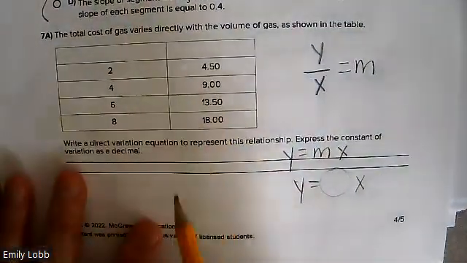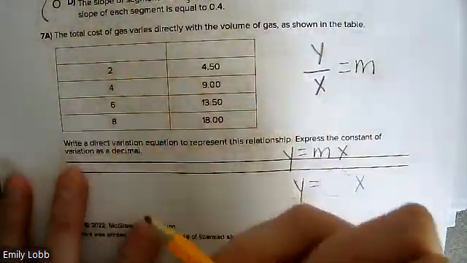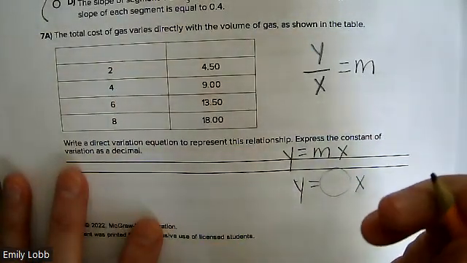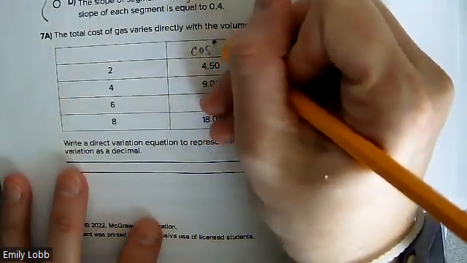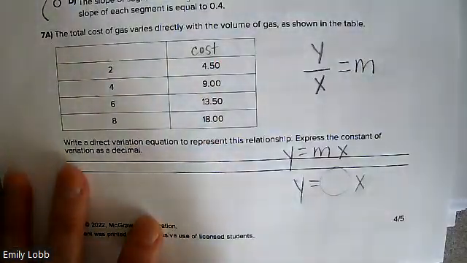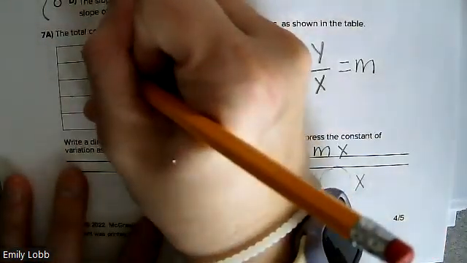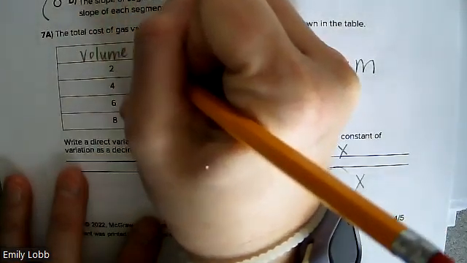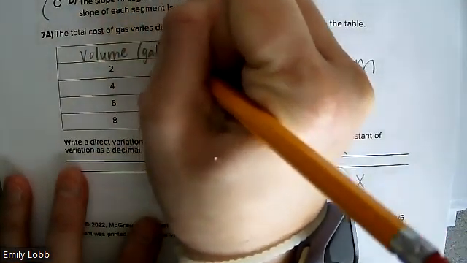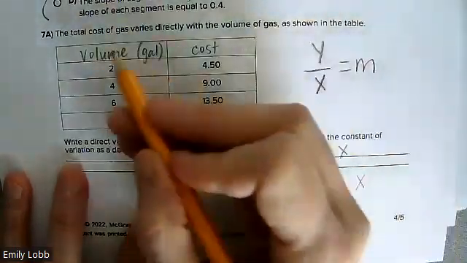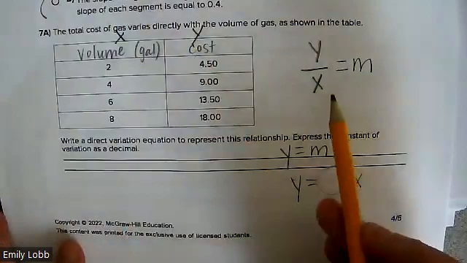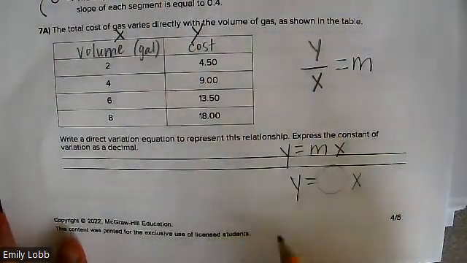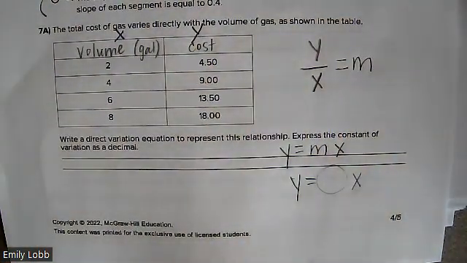So figure it out. This would be the cost. This would be the volume, I'm guessing in gallons. So x, y, figure out m, put it into your equation.